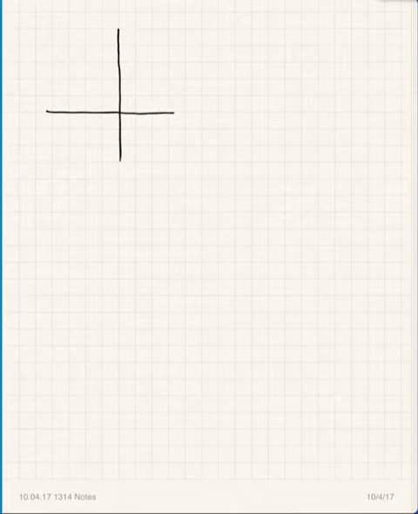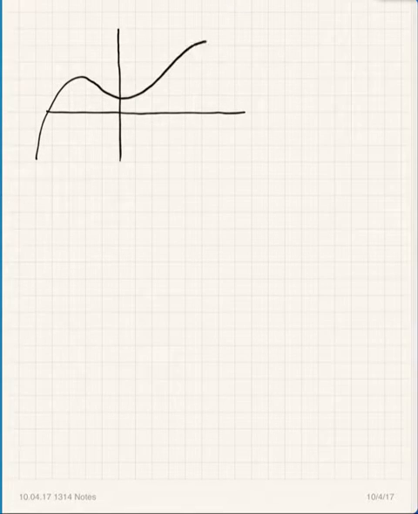All right. Let's look at one more graph, and then we'll actually talk about how you can take an equation and write out the end behavior for that equation. Let's say we have a polynomial graph that looks like this one right here.